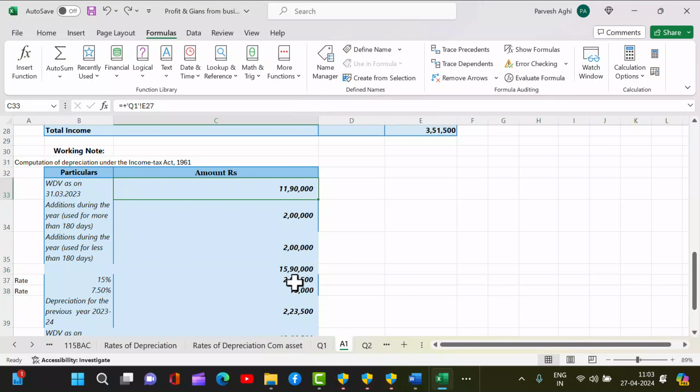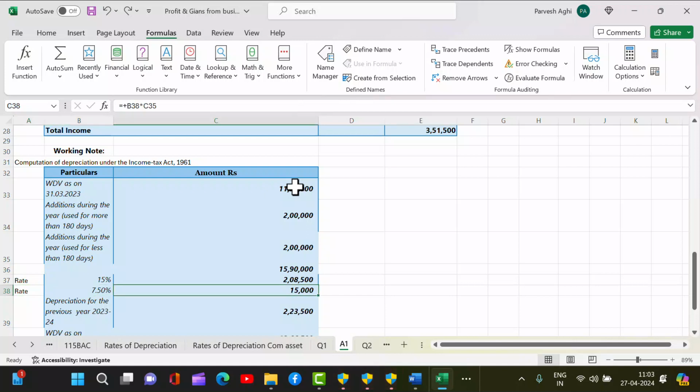If we look here, this is basically 11,90,000 opening balance plus 2 lakhs, into 15%. Is that okay? Yes, sir. Both are added: 11,90,000 plus 2 lakhs at 15%. The 2 lakh that is greater than 180 days we charged at 15%, and the one that is less than 180 days we charged at 7.5%. The opening balance will of course be there, and the one above 180 days from this year is also taken. So that is done. Is that okay?